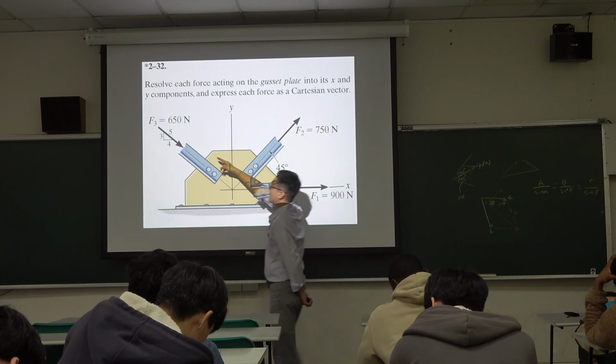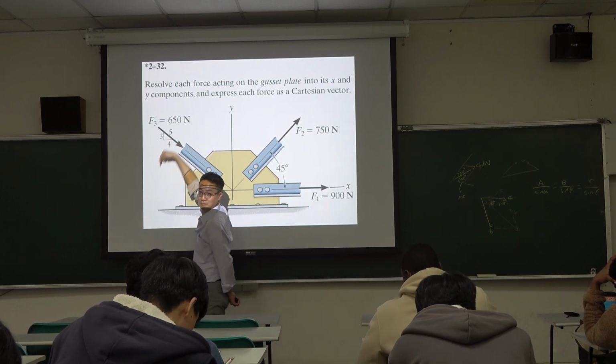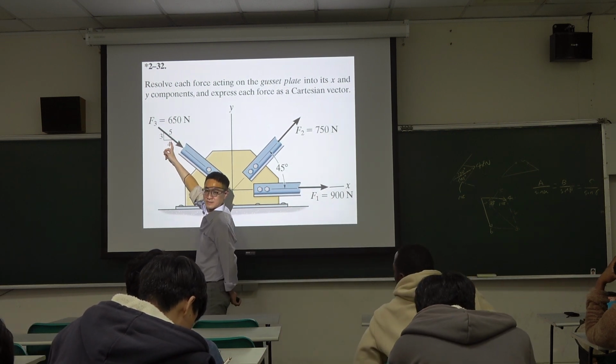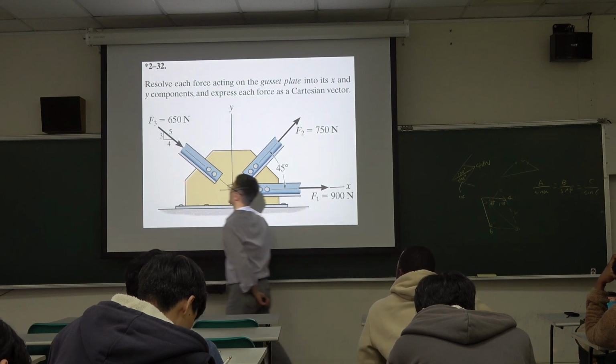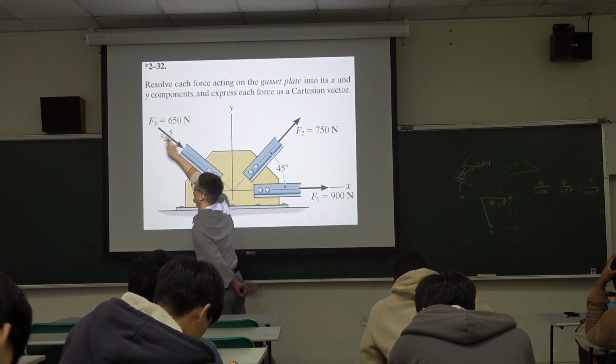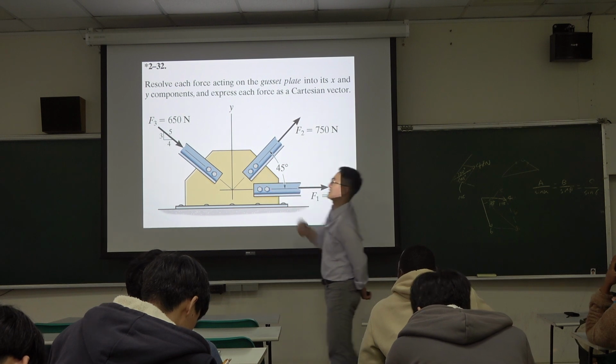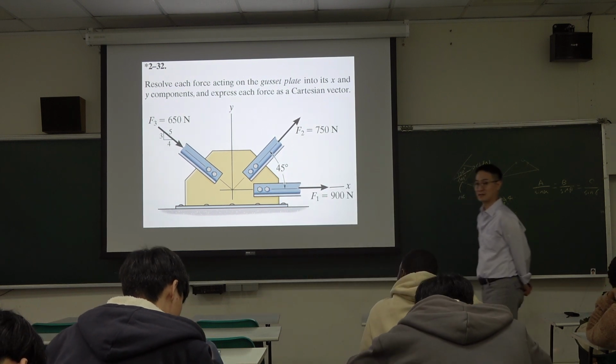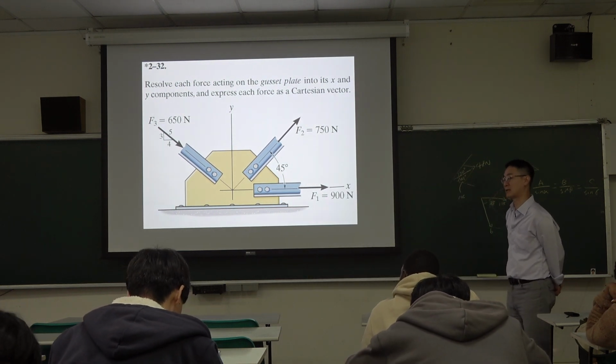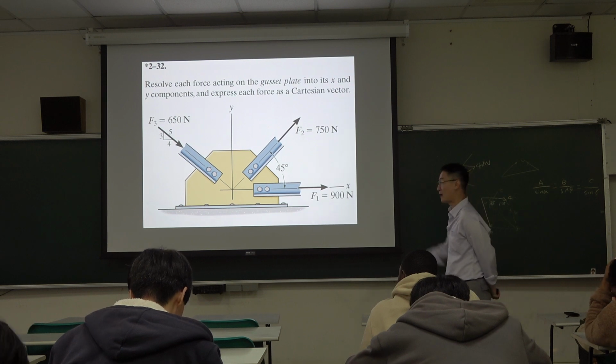But the y component is downward, so it's negative. And 3 divided by 5 is 0.6. So 0.6 times 650 is the y component, but negative. Downward is negative.